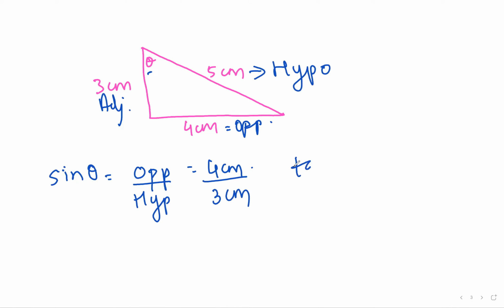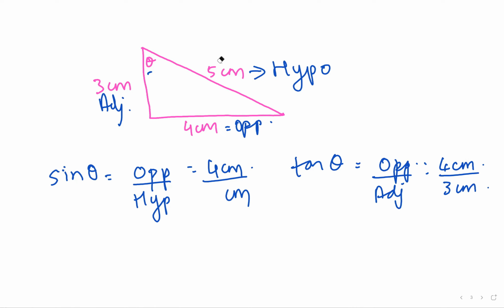Let us first do tan theta. I mean, we have done sin theta. Now let's talk about tan theta. It is opposite over adjacent. What is opposite here? 4 centimeters. What is adjacent here? 3 centimeters. And then sin theta is opposite over hypotenuse. Sorry, I've made a mistake here.